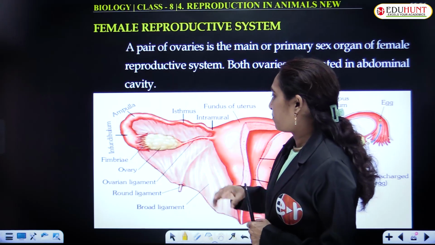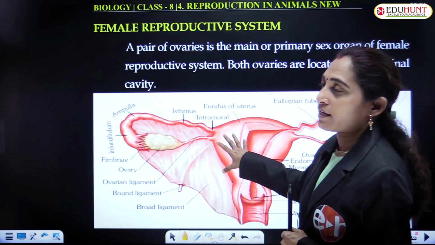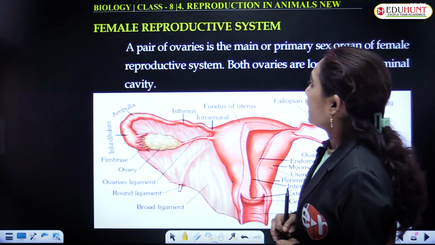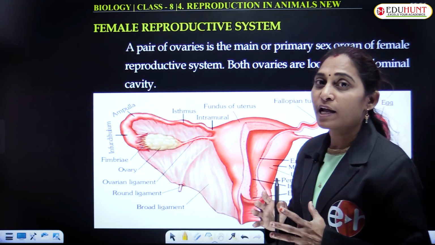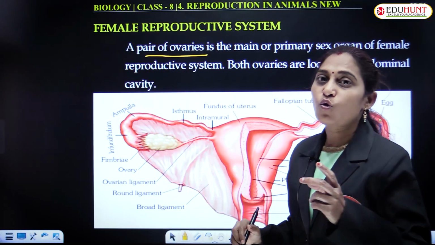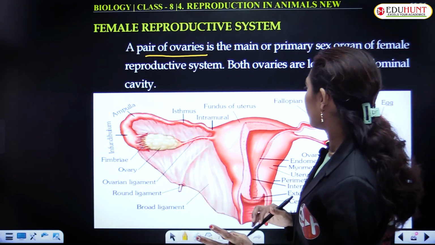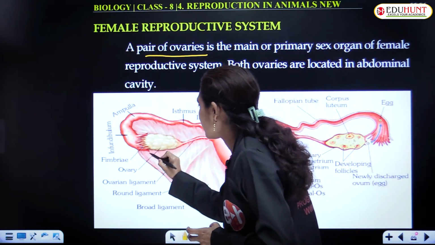You can see in the picture the female reproductive structure. It consists of a pair of ovaries which are the primary sex organs. A pair of ovaries, that means 2 ovaries are present.